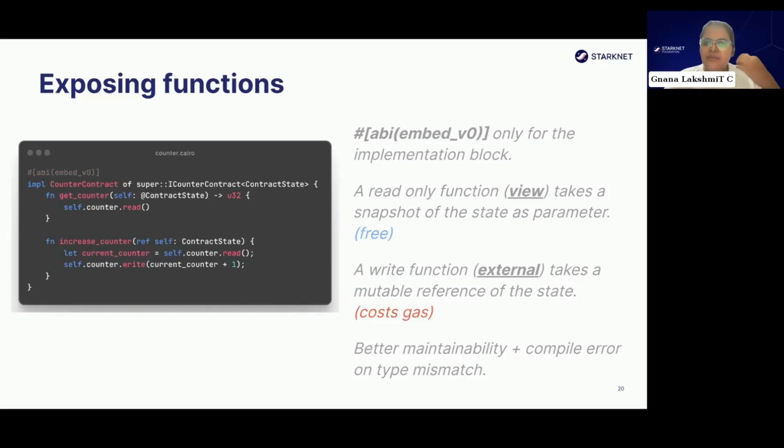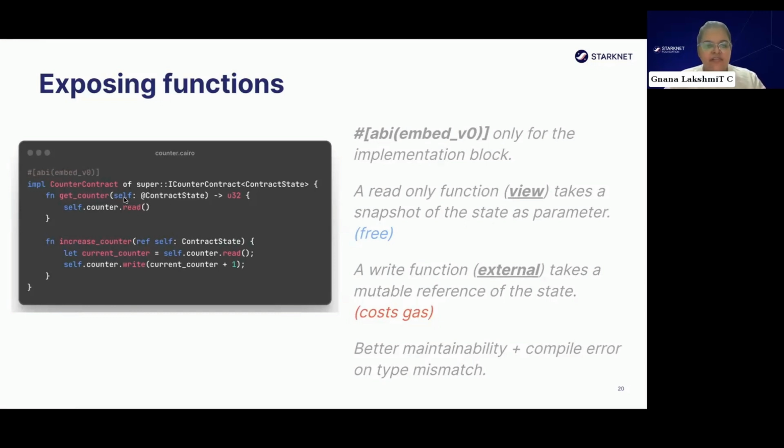Either a function can be a read-only function, where you are just reading the storage variable, for example. So let's see what are some nuances defined in the function in order to do that. When you have a read-only function, that is a view function, you will see this format, which is self, then colon, at contract state.